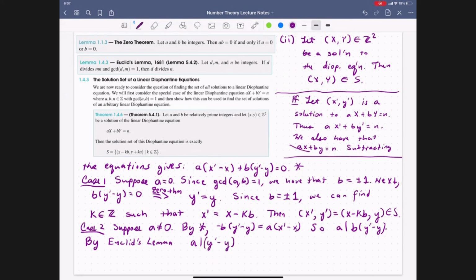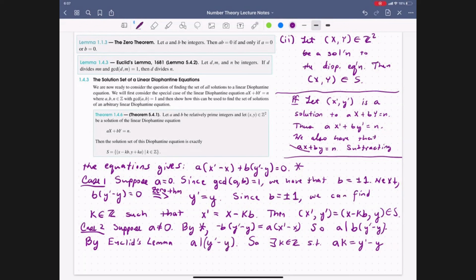So there exists some integer k in Z such that ak is equal to y' - y. And so here we have our statement.